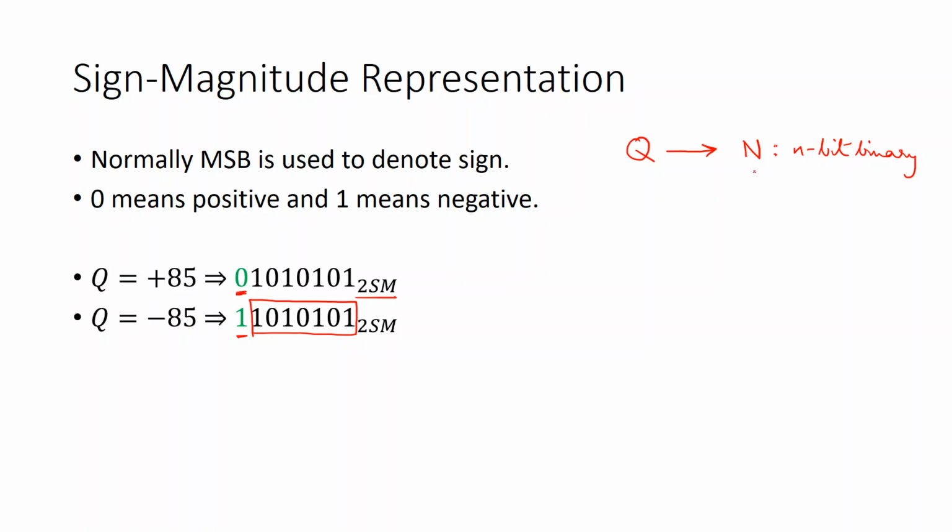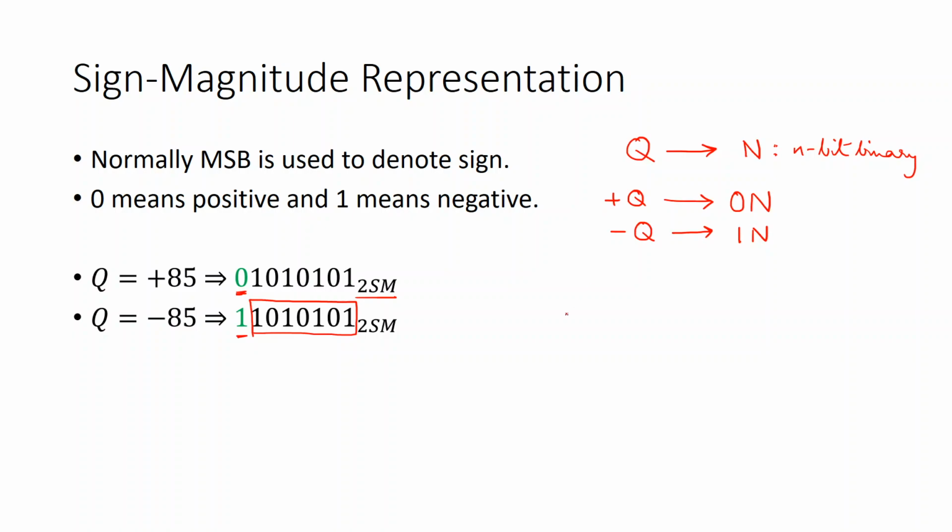Now I want to represent either plus Q or minus Q. When I am representing plus Q, I am simply putting a 0 before this number N. Capital N is basically a string of n bits that evaluates to Q, and when I am writing minus Q, I am writing it as 1N. That is the only difference. So it reads as 0N and 1N.